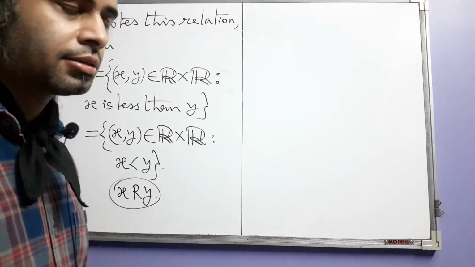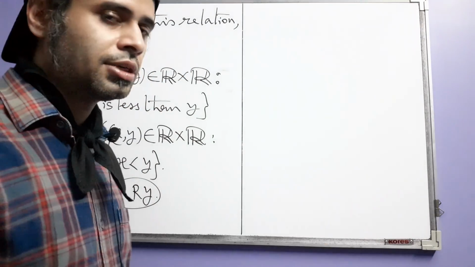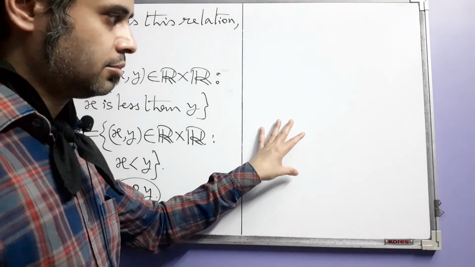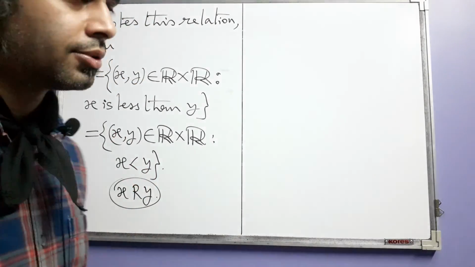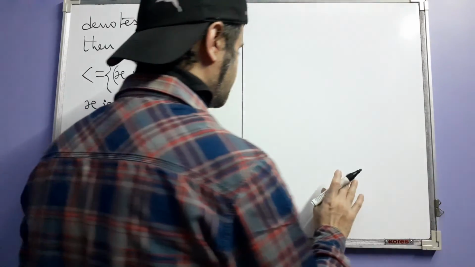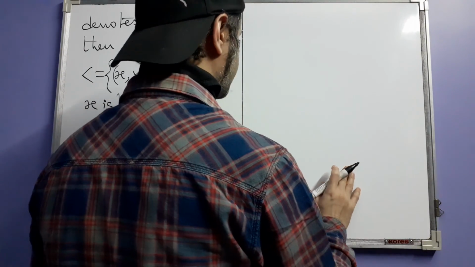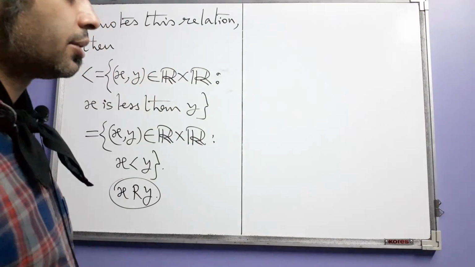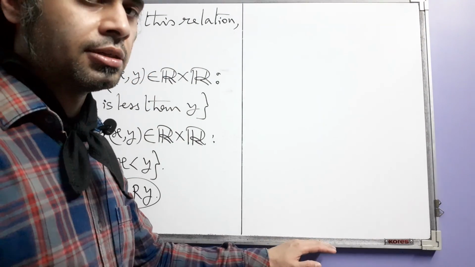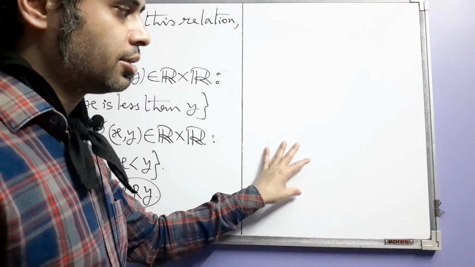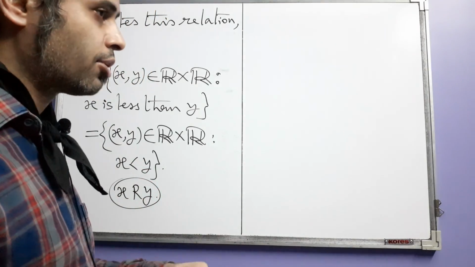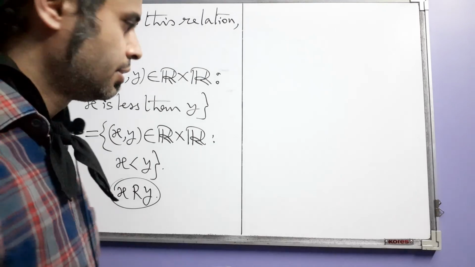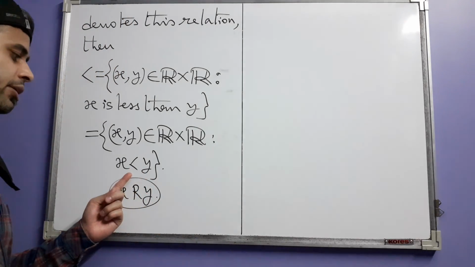They occur so frequently that a definition has been given to describe them, to say what type of properties they have. Actually, there are two types of relations which occur frequently in mathematics. One of them is called equivalence relation and the other one is called order relation. This is an example of order relation.